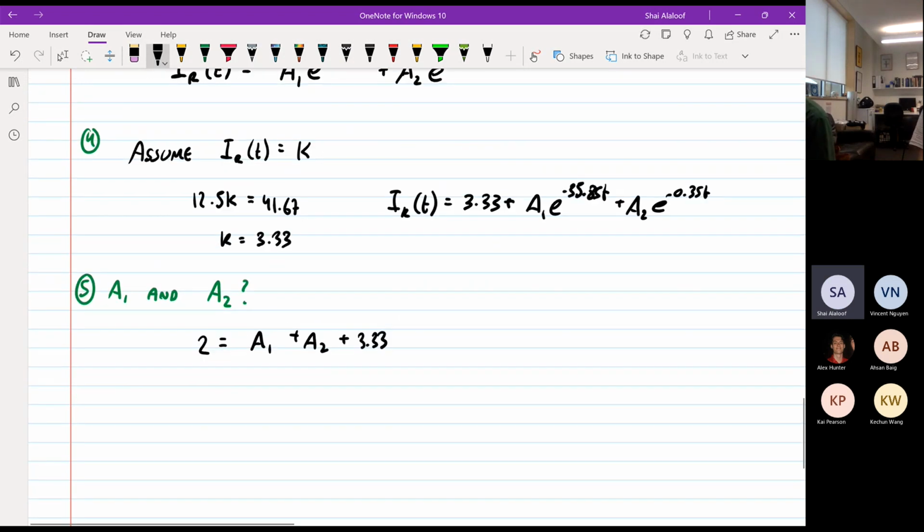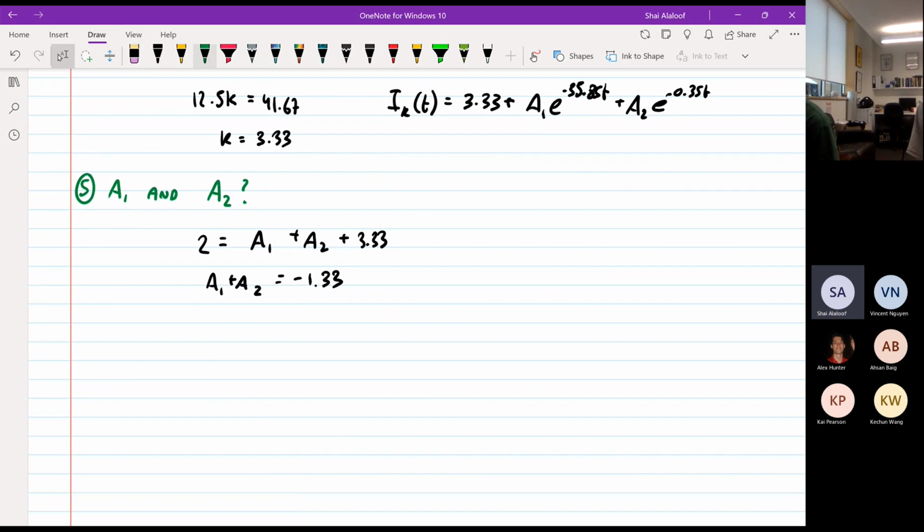Cool. So that gives us A1 plus A2 equals negative 1.33. Yep, negative 1.33.